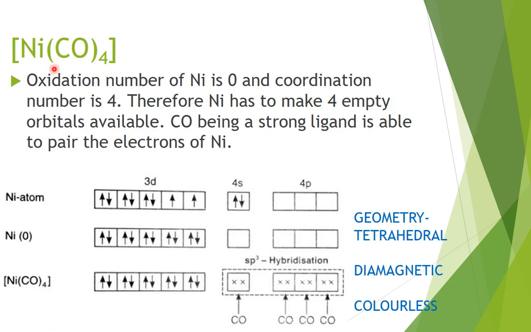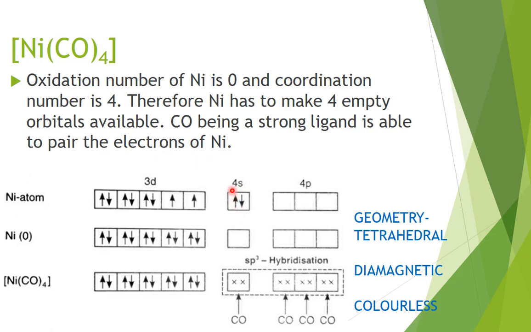Next example, Ni(CO)4. Procedure is the same. Oxidation number of nickel will be 0. Coordination number is 4. So let us write the electronic configuration of nickel. This is the configuration of nickel, 4s2 3d8. Oxidation number is 0, so it will remain as such. Now we require 4 vacant orbitals because coordination number is 4. So this orbital has to be made vacant, and CO is a strong ligand, so it will be able to pair the electrons.